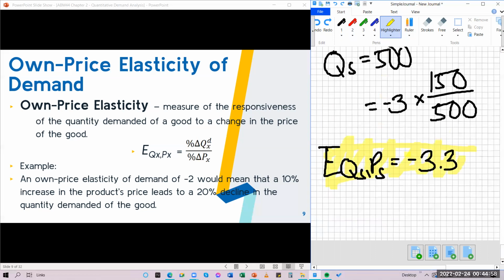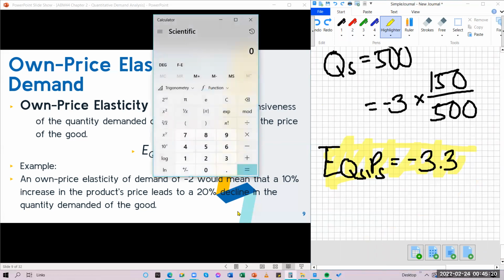Again, 150 divided by 500 multiplied by, where is the negative here? Sorry, my calculator misplaced the negative 3. So I'll just assume this is a negative 3. So pardon me. We will have again 150 divided by 500.